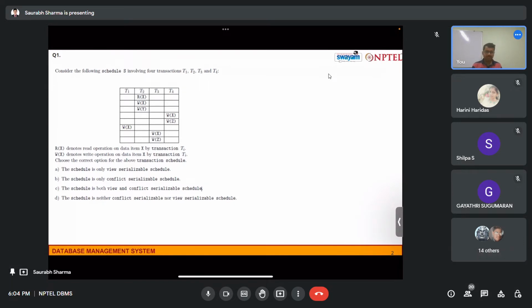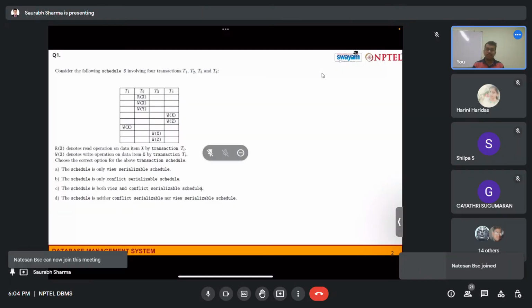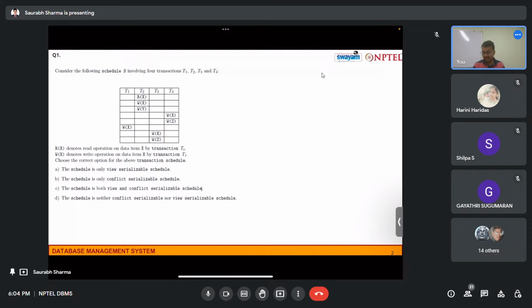There are multiple different methods, but the best way to solve these kinds of problems is to create the precedence graph. I will try to solve it with the help of the precedence graph. There may be other methods, you can go theoretically. With the help of the graph, we first see if there is a loop in it.